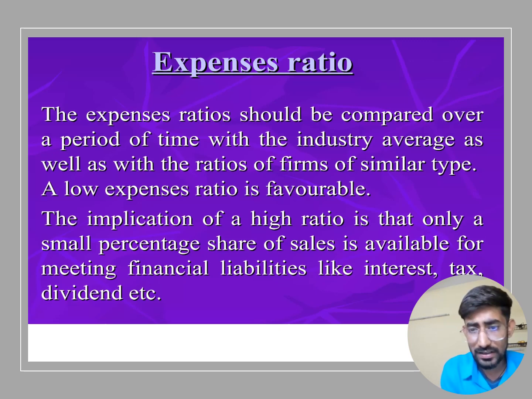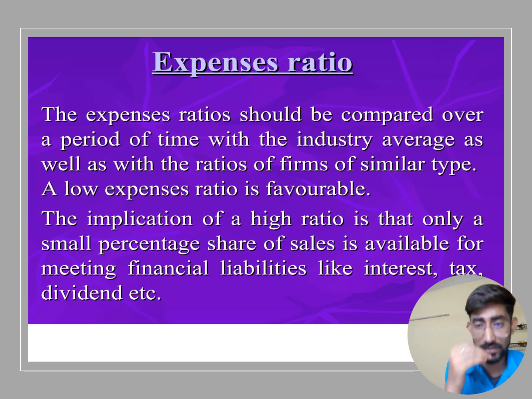Expense ratios are nothing but our expenses expressed in ratio form, and a low ratio is always favorable because it shows that our expenses are low, while if the ratio is higher, only a small percentage share of sales is available for meeting interest, tax, and dividend.